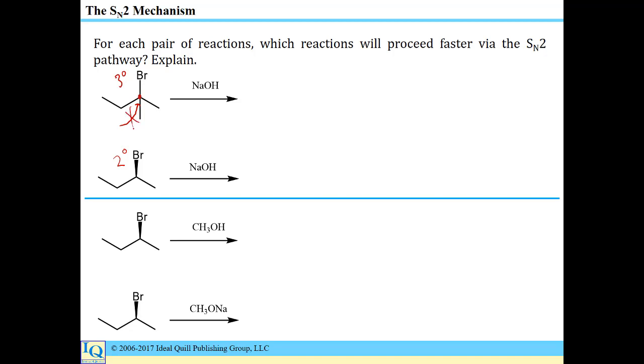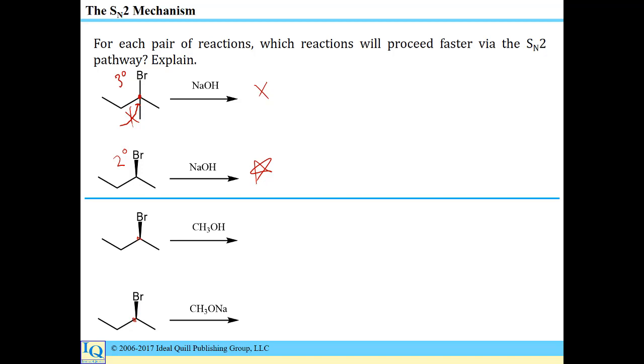In fact, we learned that a tertiary reaction site will not undergo an SN2 reaction for an alkyl halide at any appreciable rate. So that's very slow. The secondary sites, while considerably slower than a primary site for the SN2 reaction, will still be fast enough with this alkyl bromide to be a reasonable reaction, and certainly considerably faster than any reaction at the tertiary site. If we consider the pair at the bottom of the slide, we see that the substrate is the same.